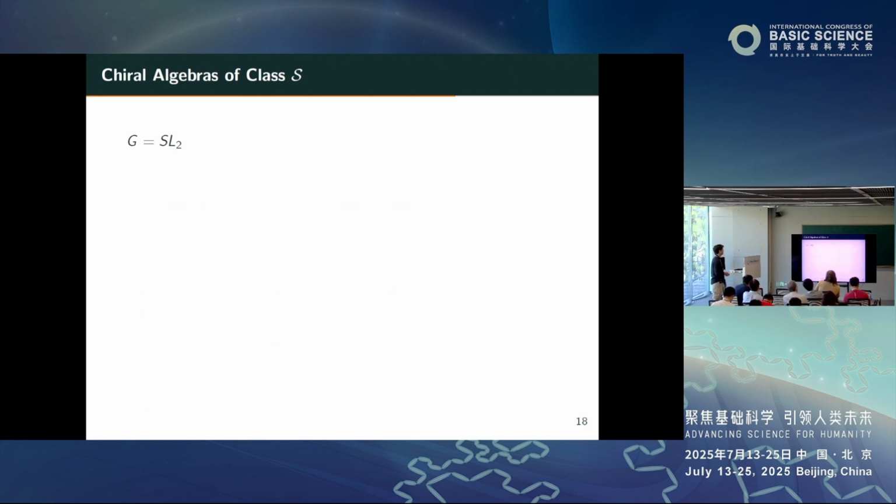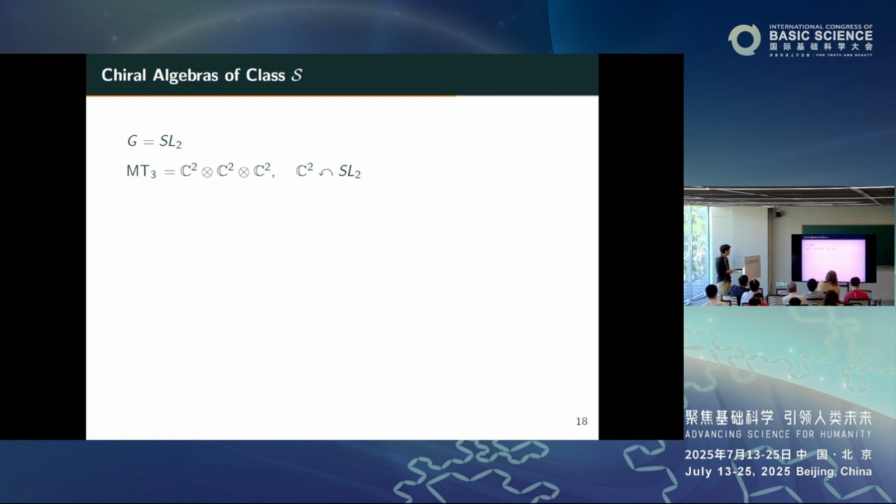And for 3 points for SL2, this is quite easy. It's just C2 tensor C2 tensor C2. For each C2, there is a natural Hamiltonian action of SL2, which induces the 3 commuting actions on this variety.